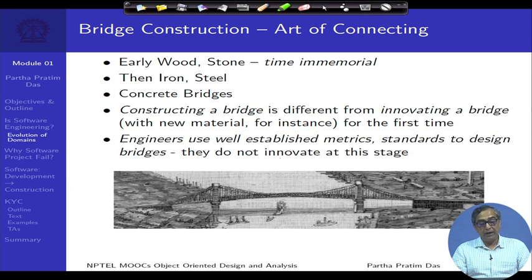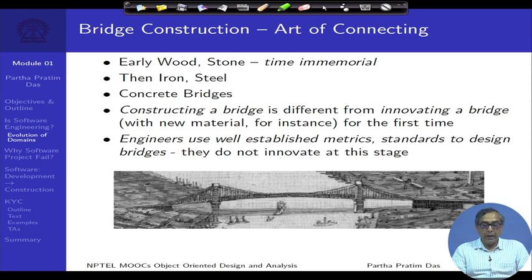So, constructing a bridge is different from innovating a bridge. We will say we are innovating on a bridge if we are experimenting with a new material. We have seen bridges with iron, steel, concrete, but if you look up Google for Grand Canyon, you will find bridges which are completely in glass.